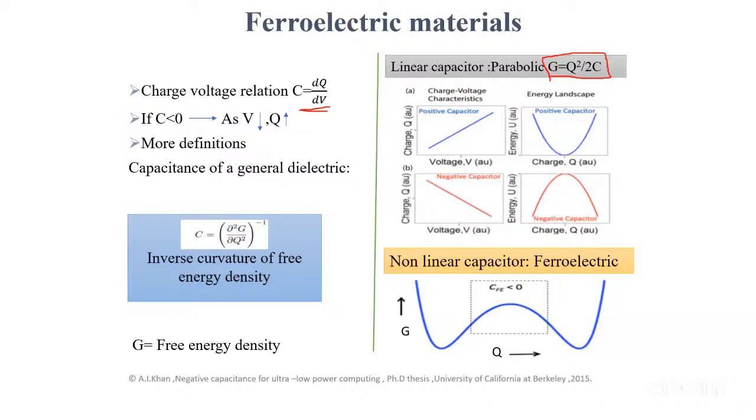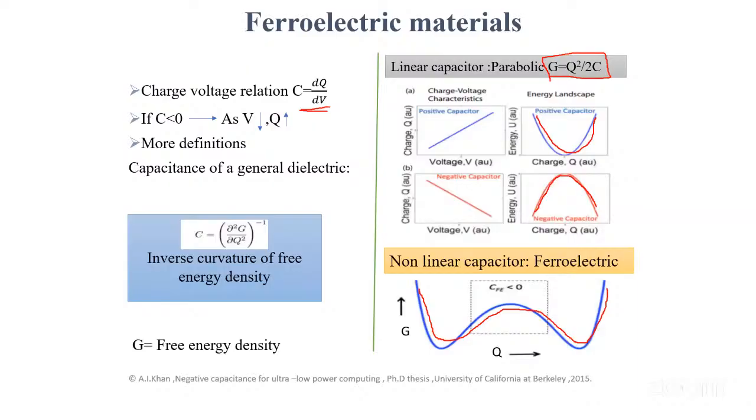So if you see a ferroelectric capacitor, you have two minima in this curve. This is a parabola for a normal dielectric. For a negative capacitor, this will be a parabola of inverse nature.